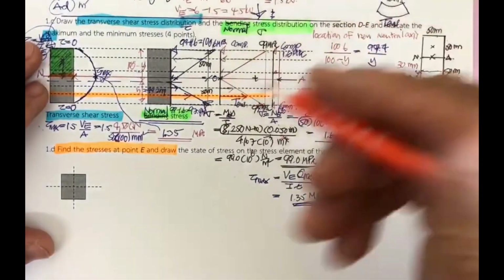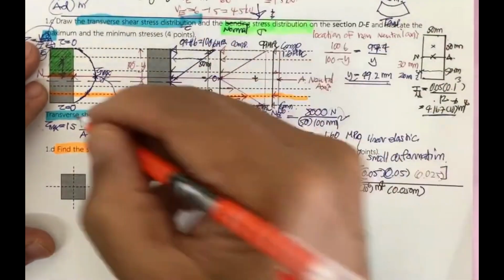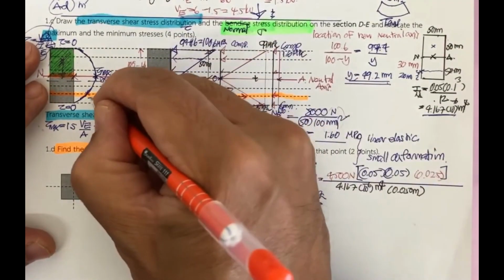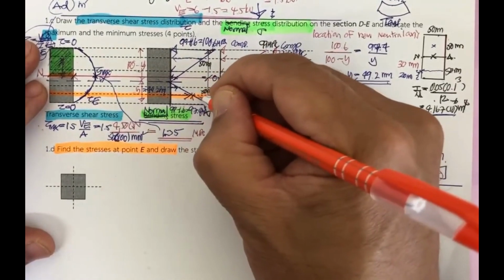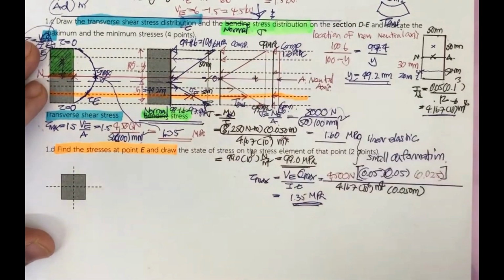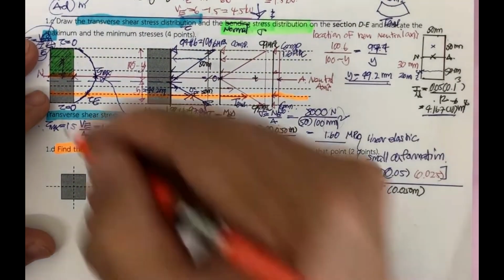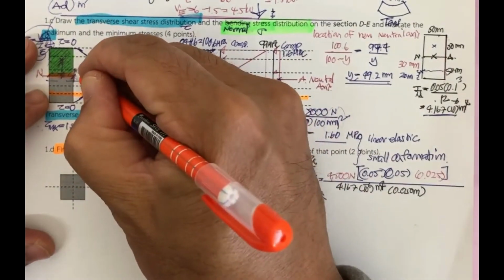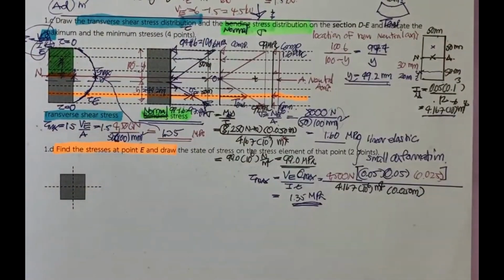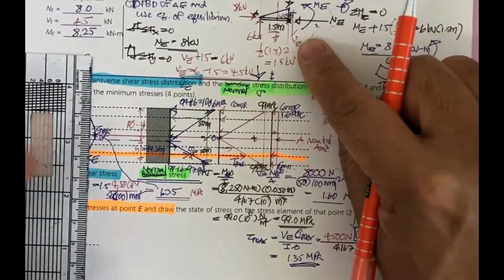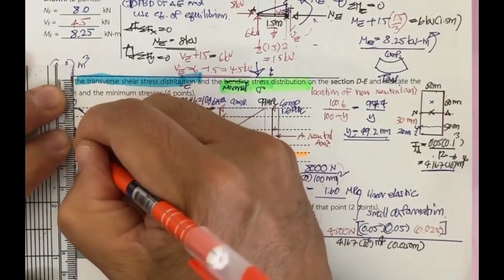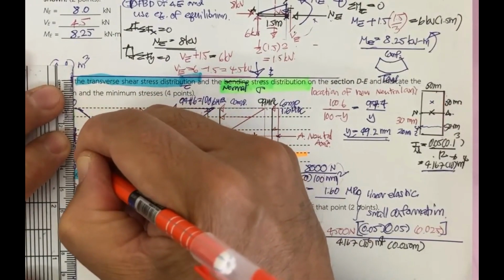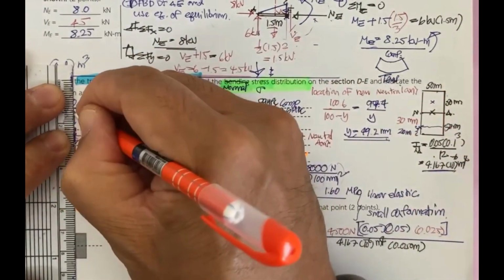So we have to determine this is going to be tau sub e and this is going to be sigma sub e. Okay, and the tau sub e, as we discussed before, the V sub E is downward, so the tau here is going to have the downward direction also.